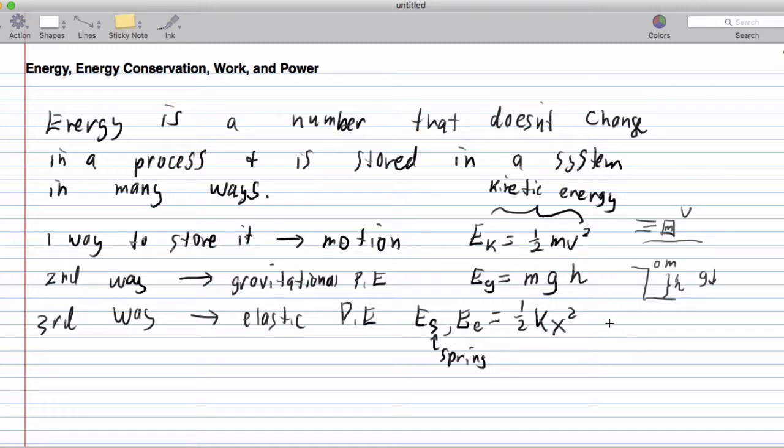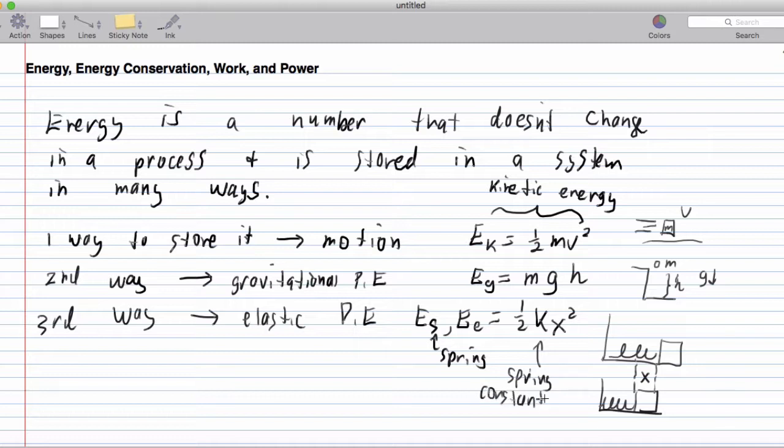This is the weirder one because imagine here I've got a spring, and when I compress it, it's compressed a distance x. That's the compression. And k is what we call the spring constant.